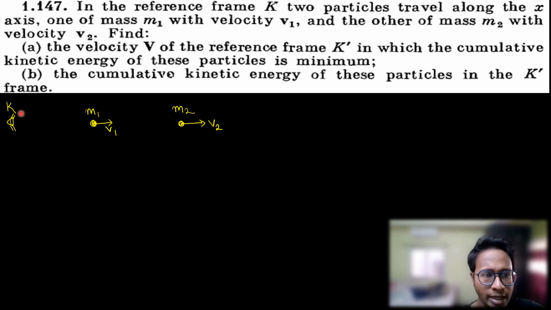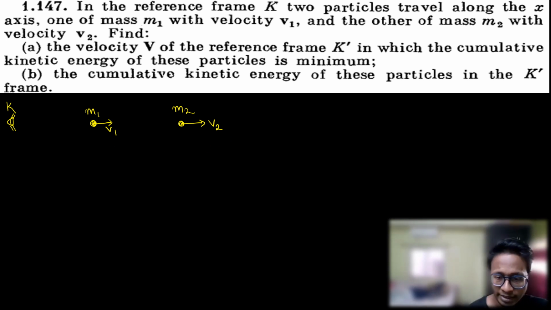The observer is seeing two bodies move on the x-axis with velocity v1 and v2. The question is asking: find the velocity of the observer from this frame of reference, in which the observer sees the minimum kinetic energy of the system.